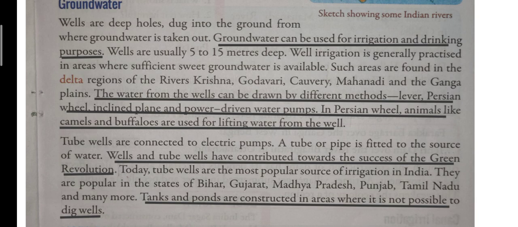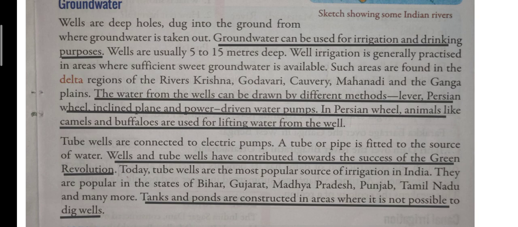Now, today tube wells are the most popular source of irrigation in India. They are popular in the states of Bihar, Gujarat, Madhya Pradesh, Punjab, Tamil Nadu, and many more. Tanks and ponds are constructed in the areas where it is not possible to dig wells.